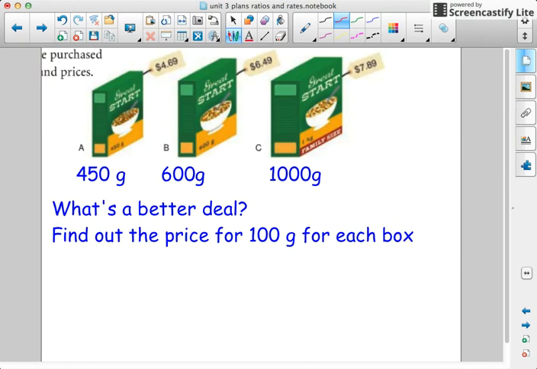Last one we'll try is you're going to try to make each one into 100 grams. Okay, so to make this one into 100 grams, divide by 4.5. Same thing for that. This one I'll divide by 6 because we want to compare them all to the same amount.